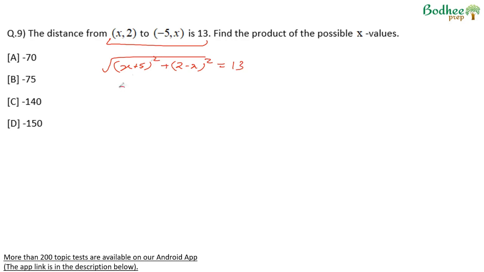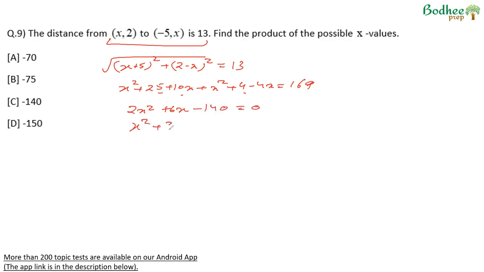So square on both sides. x square plus 25 plus 10x plus x square plus 4 minus 4x is equal to 169. 25, 4, 10x, 4x. 2x square, 10 minus 4, 6x, 25 plus 4, 29, this is 169. Minus 140 is equal to 0. x square plus 3x minus 70 is equal to 0.